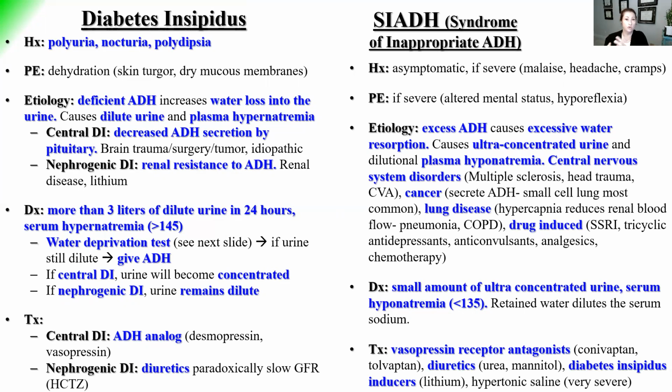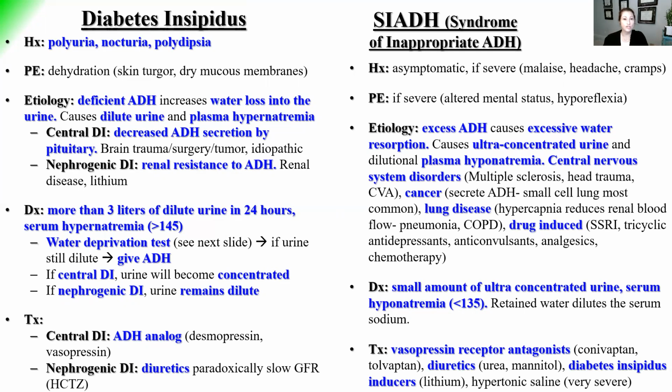And if they don't have this, their urine should now become concentrated because they don't have so much water in their system. If the urine is still dilute, then we're going to give them ADH. If it's central diabetes insipidus, that urine will correct and become concentrated. If it's nephrogenic, nothing's going to happen because the problem is not that you don't have enough ADH, it's that the kidney's not responding to it.